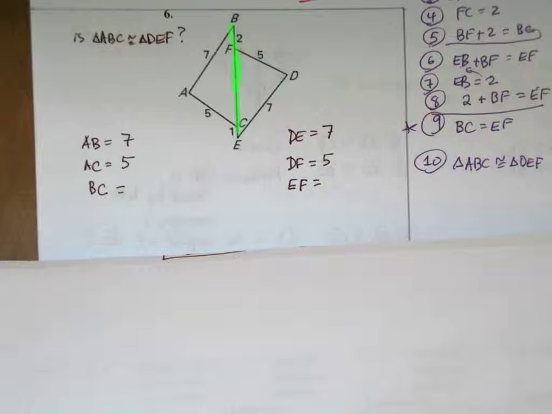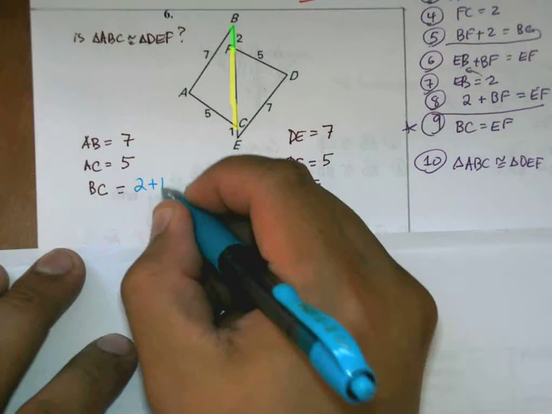Do this one at a time. So that's BC is 2, that's this segment here, plus FC. Okay, so BC is 2 plus FC.